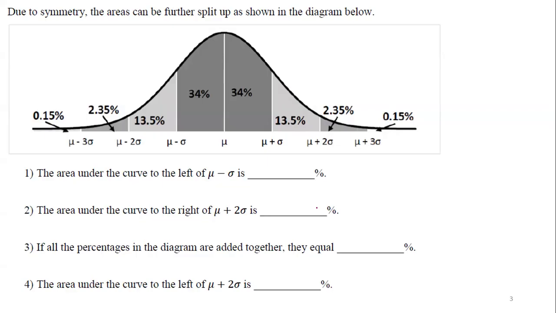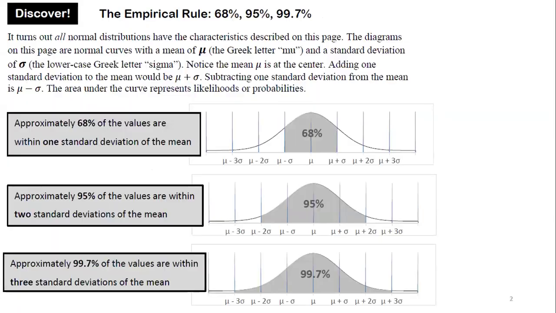Before we answer these questions, let's go back to the previous slide. As I mentioned, this is called the empirical rule. These approximations within standard deviations of the mean have different terms describing them.